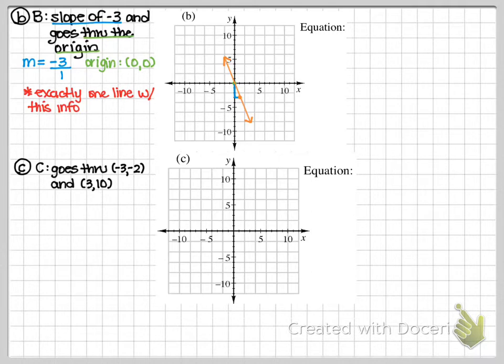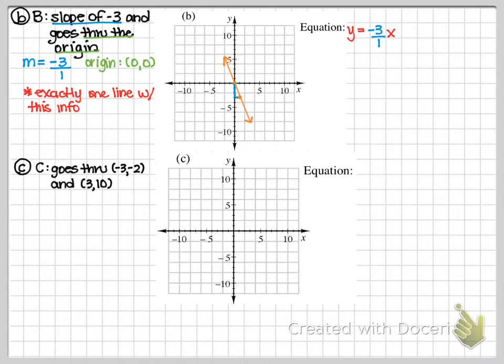So remember, I'm going to have y equals, okay, m is my slope, which we identified as -3/1 x. And then my point, well, if you take a look, my point is also my starting value because it's hitting the y-axis.